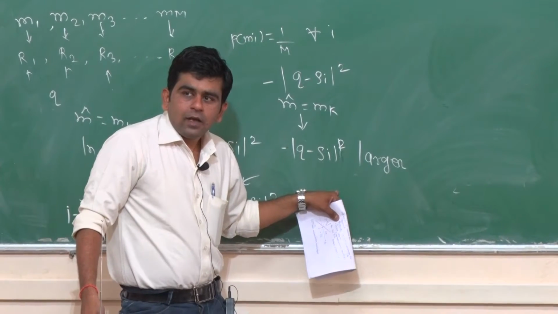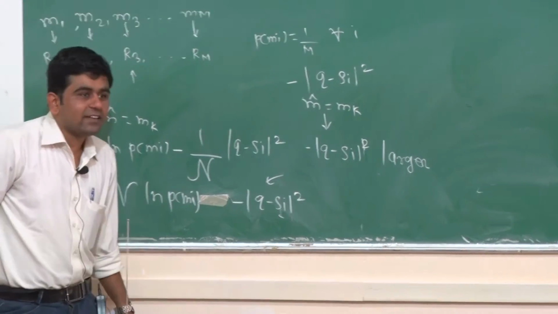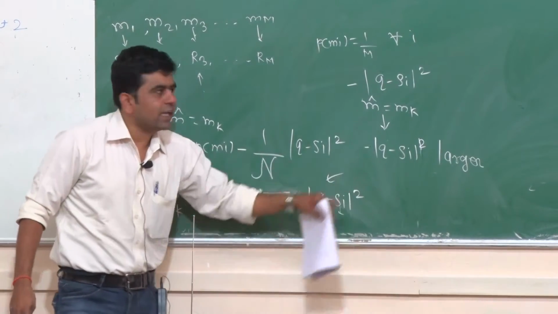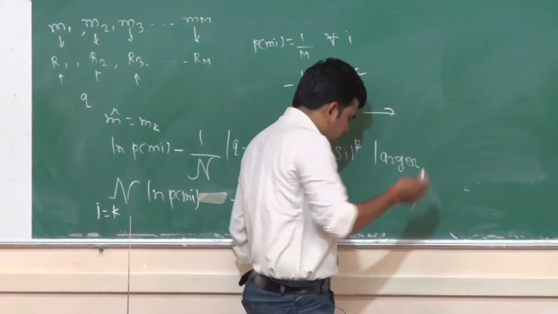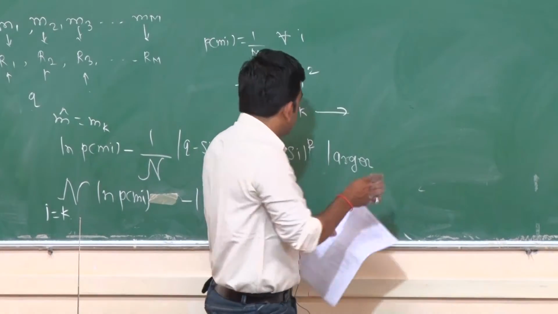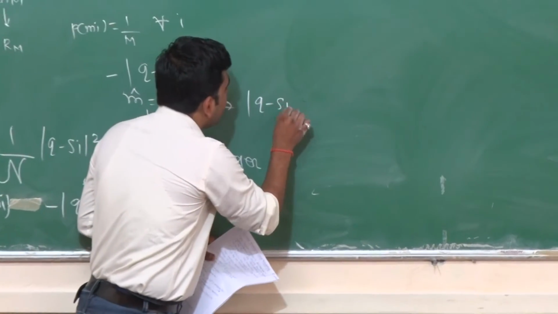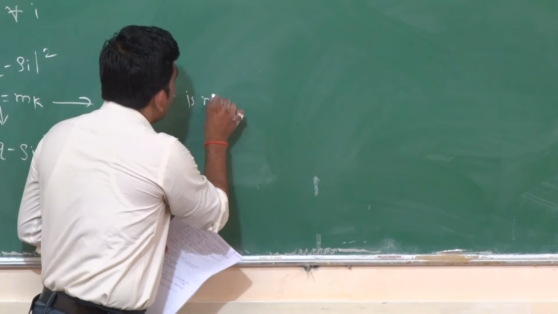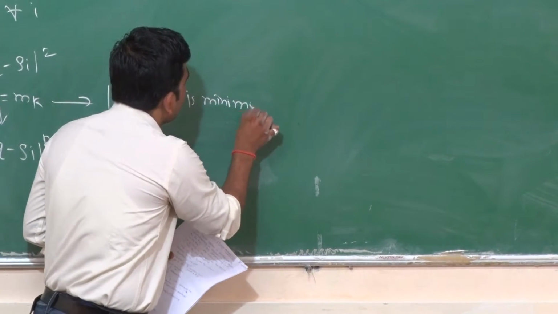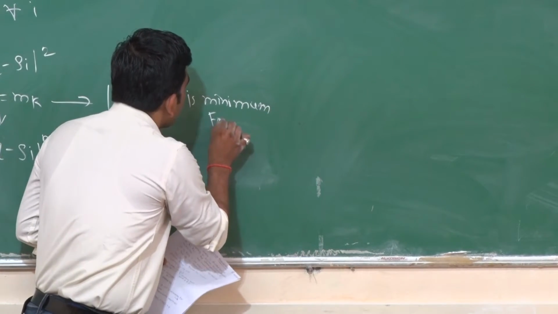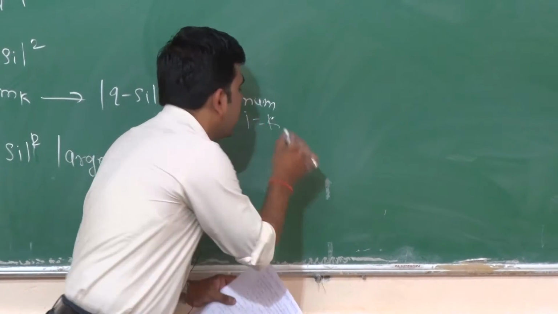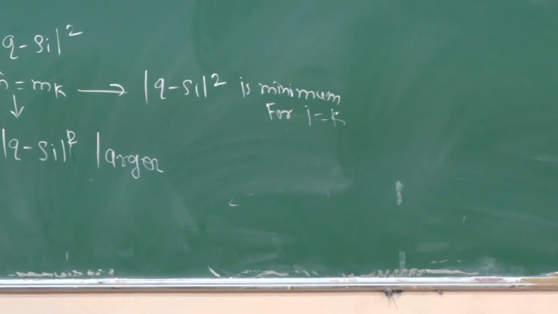But numerically, this distance quantity should be smaller because of the minus sign. So the next situation is that this distance, Q minus Si squared, is minimum for i is equal to k. Is it clear?